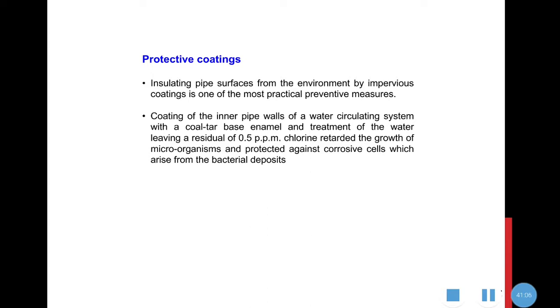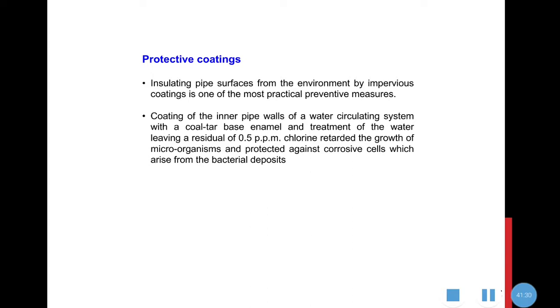So here, insulating pipeline surfaces from the environment by impervious coating is one of the most practical preventive or control measures. Okay, the way to control it, claimed as most practical, is by insulating pipe surfaces.